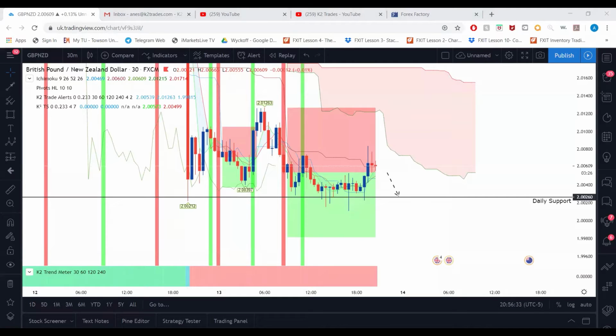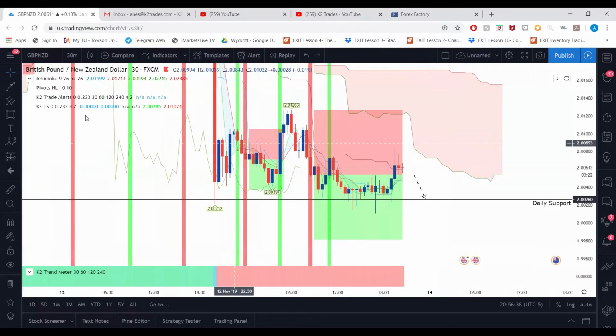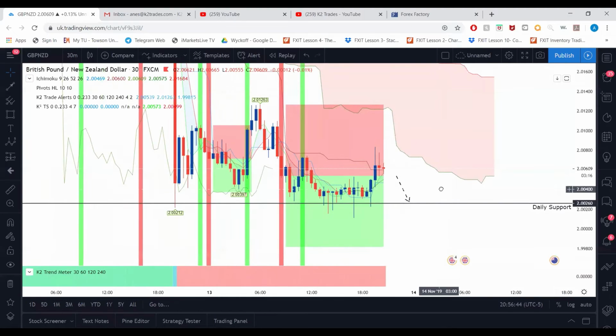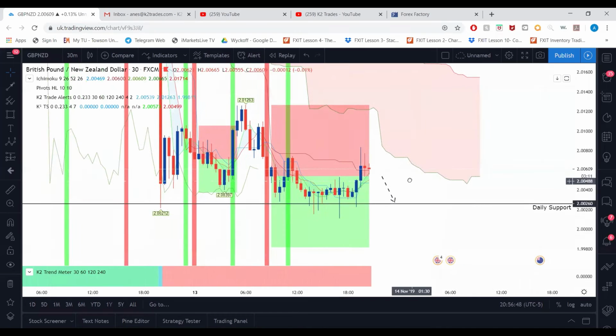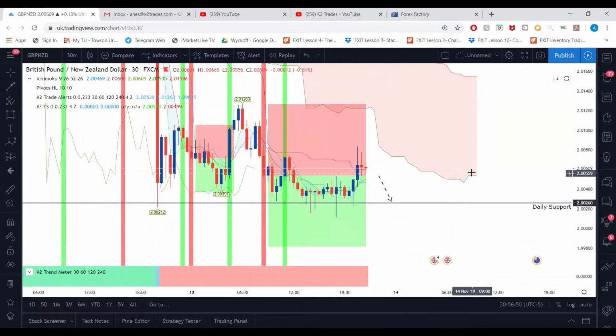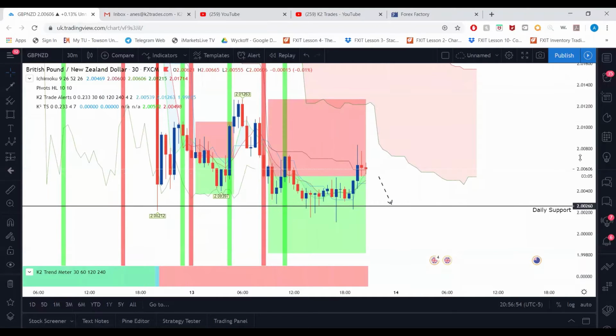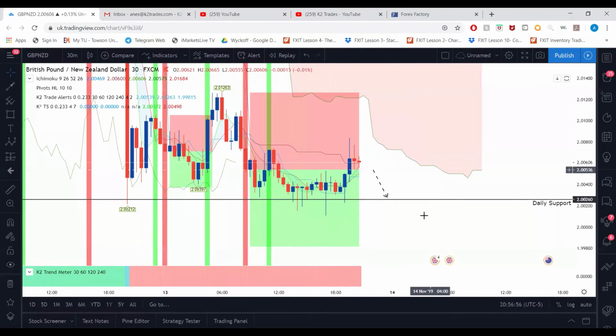Okay, so what you want to do is set it up this way. You want to add all indicators and then save the template with the K2 signal on, because that will show you when it's confirmed. You have to set it up so it signals after the candle closes.